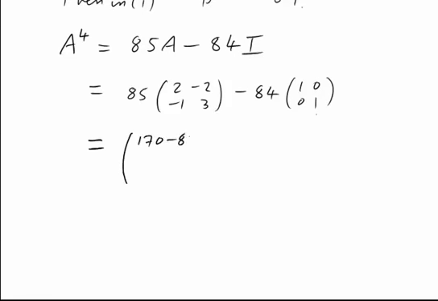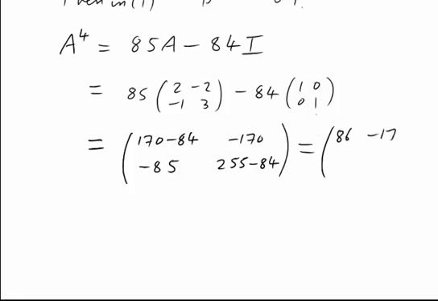170 minus 84, negative 170, negative 85, 255 minus 84, which in turn simplifies to 86, negative 170, negative 85, 171, and that should be a to the fourth. You can in fact check.